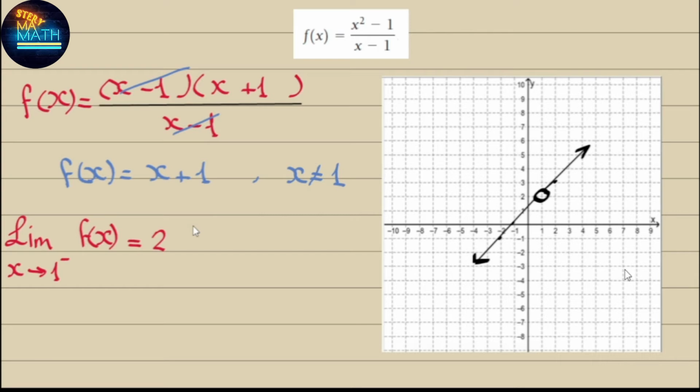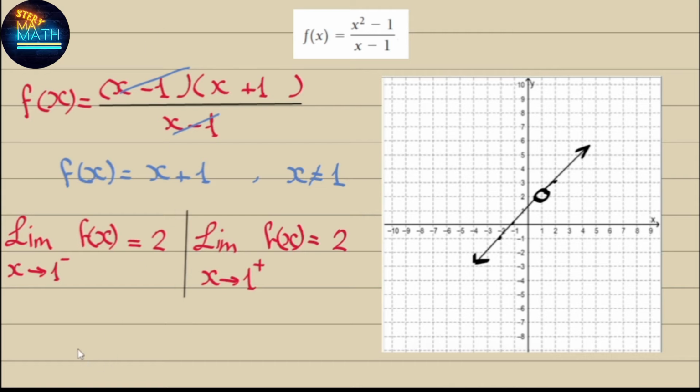What about the right-hand side? If we are approaching 1 from the right-hand side, look at the function. The function is getting closer and closer to 2 also. It's not 2, but it's getting closer and closer to 2. So we can say that the limit as x approaches 1 from the right of f(x) is equal to 2.